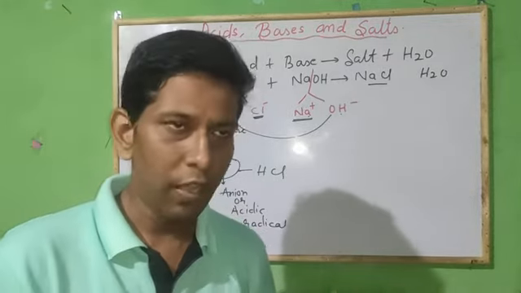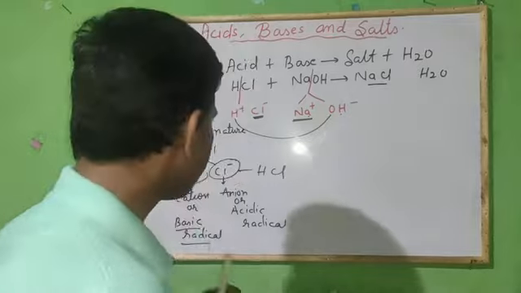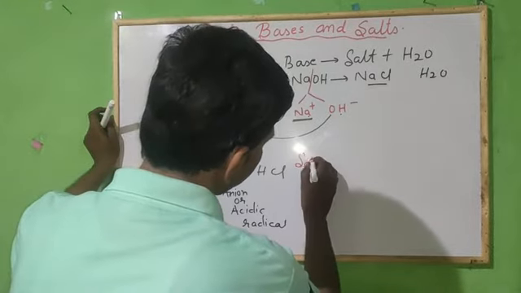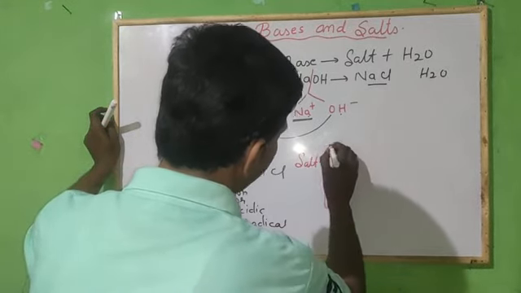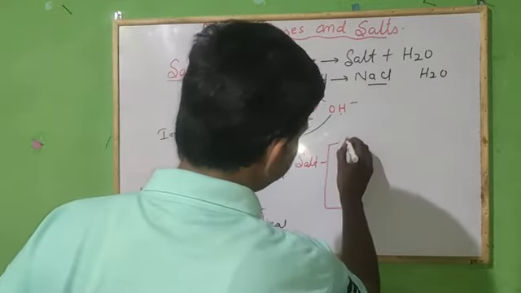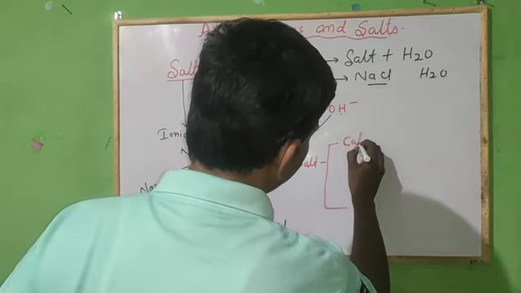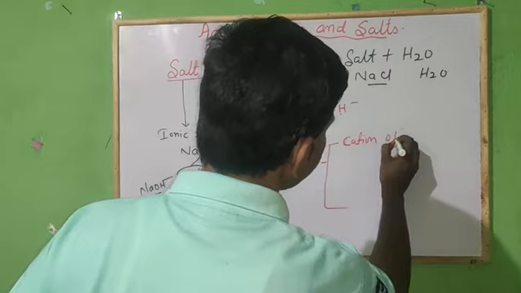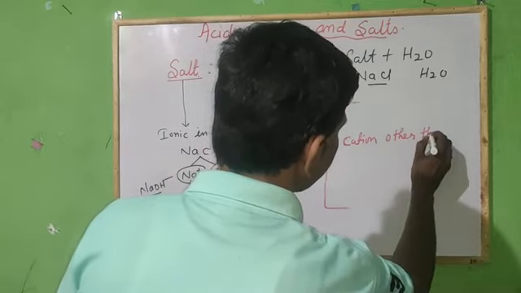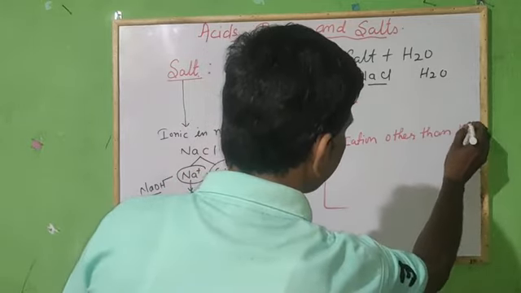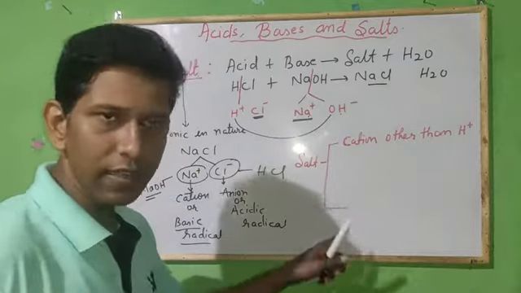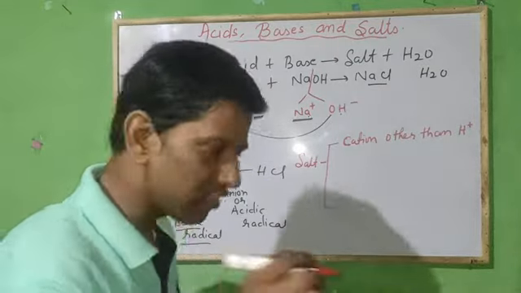Clear? Here one more thing you have to know: a salt has one cation other than H plus. Clear? And a salt has one anion other than OH minus.